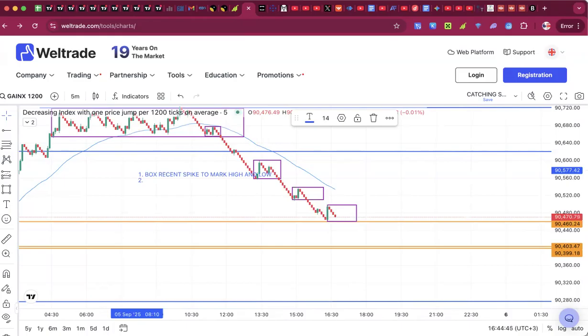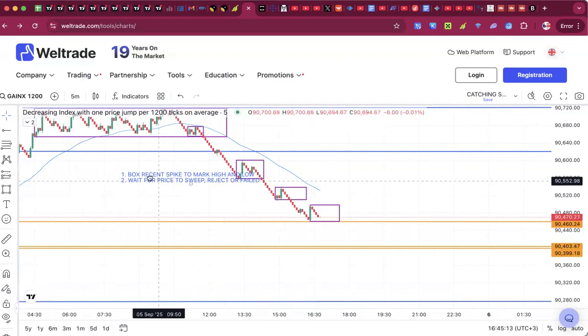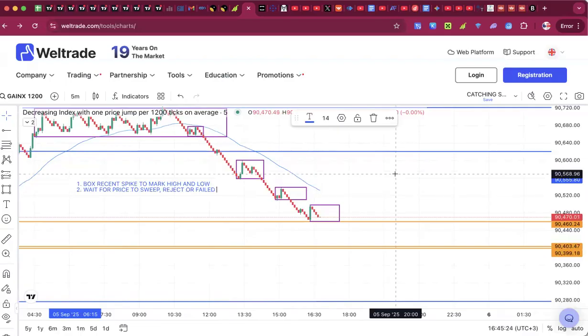Two, wait for price to sweep, reject, or fail, the beginning of the spike.